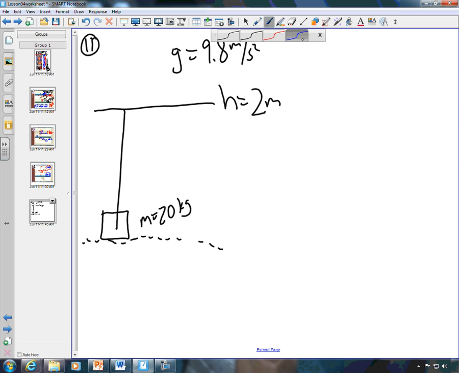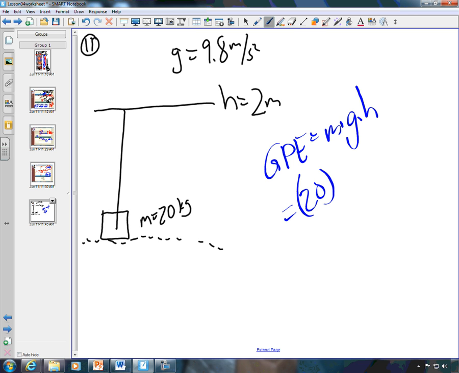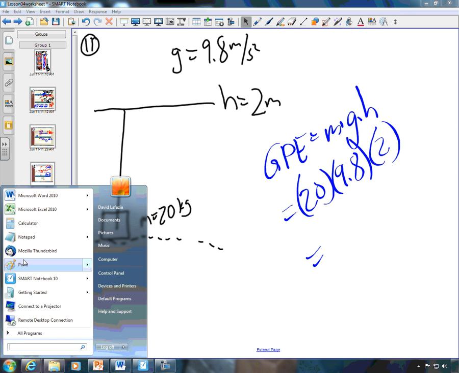And you just carry out the calculation. GPE is mgh. That's 20. They're already in the correct units, so I don't have to worry about being very careful with those. Times 9.8 times 2. It's going to be a little bit less than 400, probably 392.